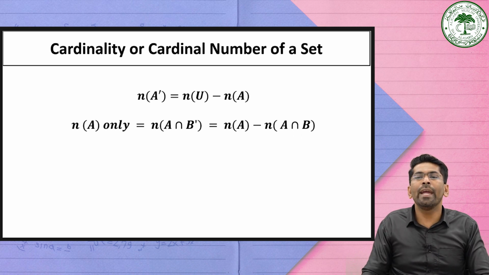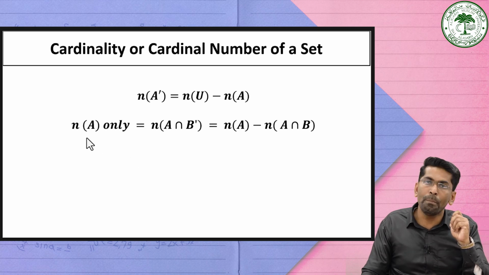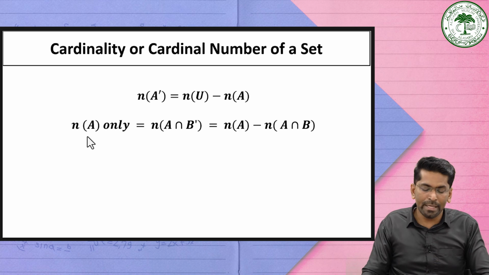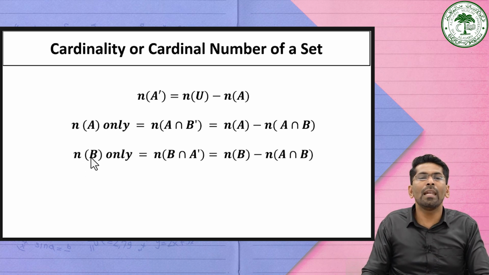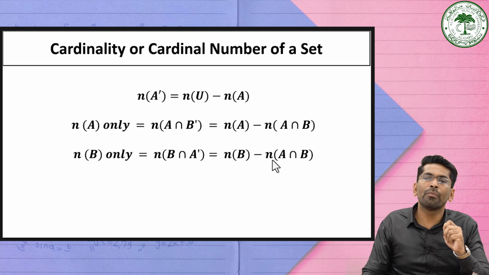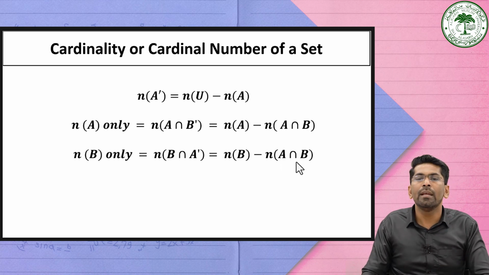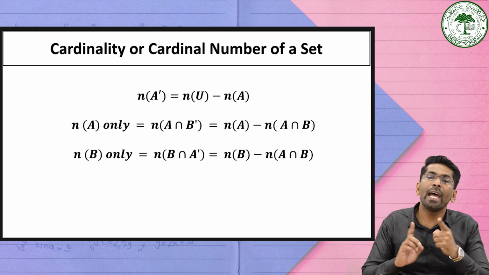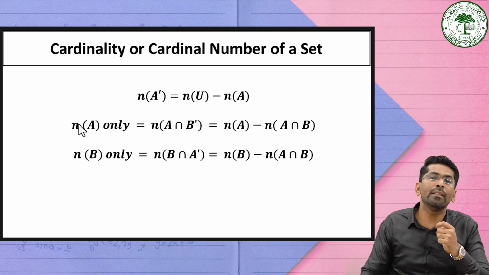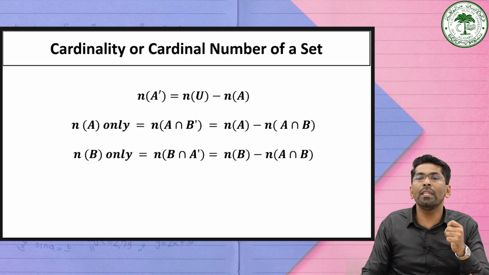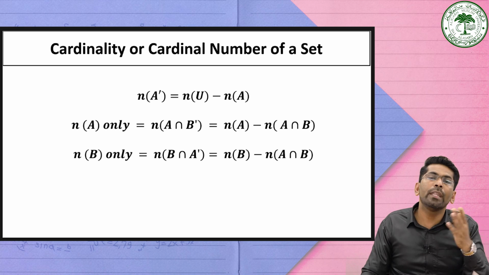Similarly, you can also find the number of elements that are only in B but not in A. That can be found using the formula: the number of elements in B intersection A complement is equal to the number of elements in set B minus the number of elements in A intersection B. In both equations, our purpose is to count the elements that belong to a particular set, either A or B, but exclude the elements that are in both sets, so that we can avoid double counting.